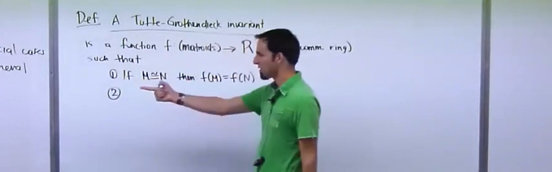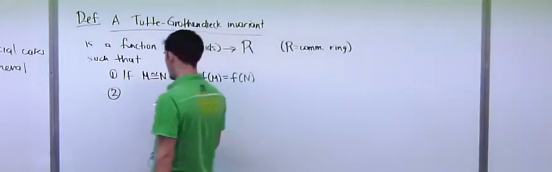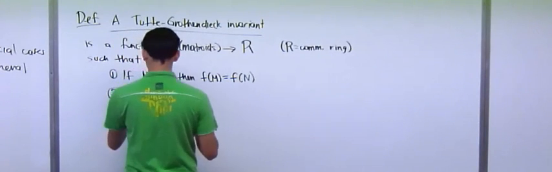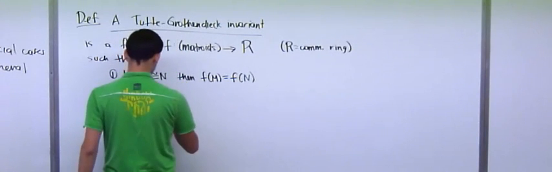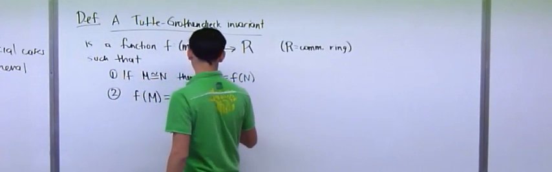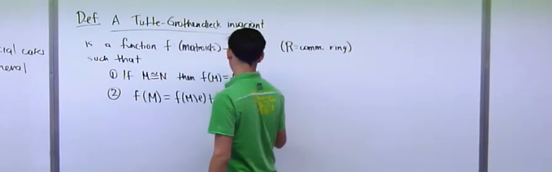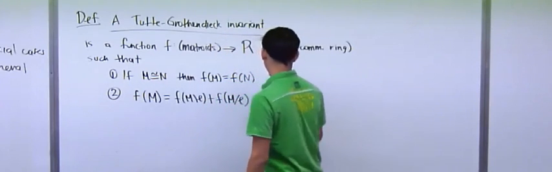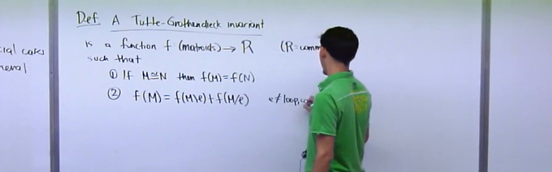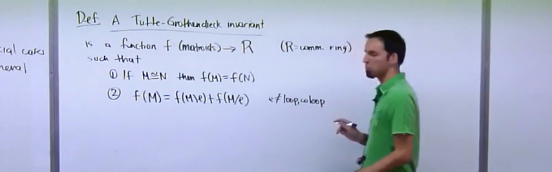And the second property is this deletion-contraction recursion. The function at the matroid should be the sum of the function at the deletion and the function at the contraction, if E is not a loop or a co-loop.